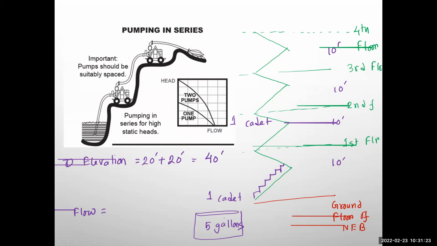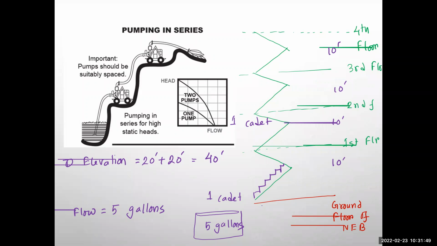But what is the total amount of water being carried? Say 5 gallons, right? That means the same Q is traveling from point A to point B by 2 pumps or 2 cadets. So you are having more head, or you're traveling more height. This is kind of like a relay race.